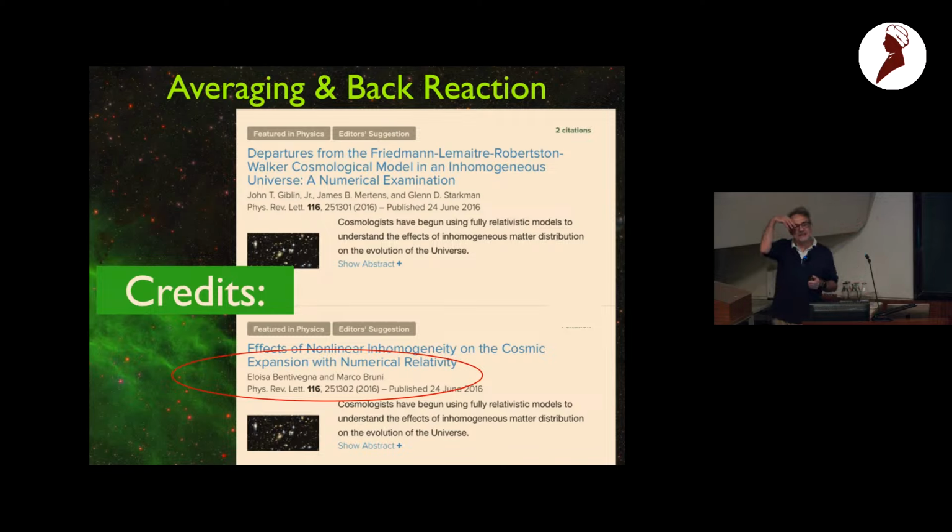So the question at the time, which we wanted to cut through, was that of back reaction. In the previous 10 years, after the discovery of the acceleration of the universe, there has been very much work, partly motivated by Thomas Buchert's formalism for averaging and back reaction, on trying to explain the acceleration of the universe through back reaction effects, okay?